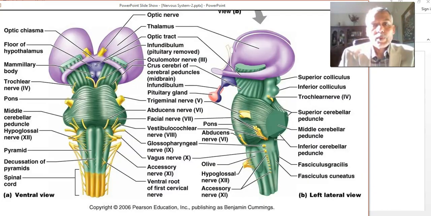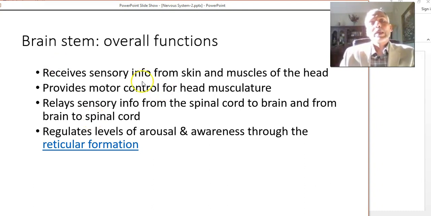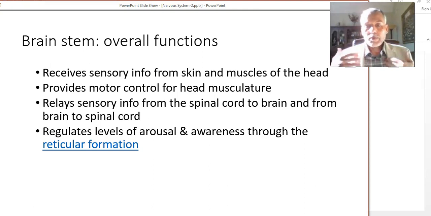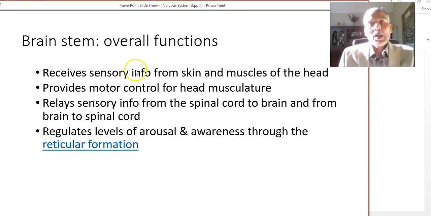So it receives sensory information from different parts of the body. That information comes from the peripheral nervous system, from the spinal nerves and the cranial nerves. And then it sends that up to the brain, to the cerebral cortex.